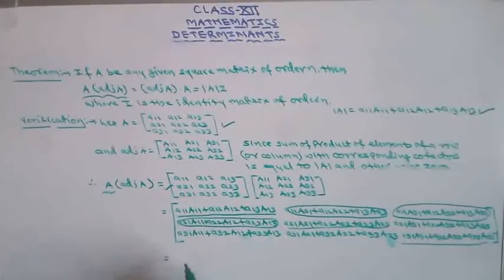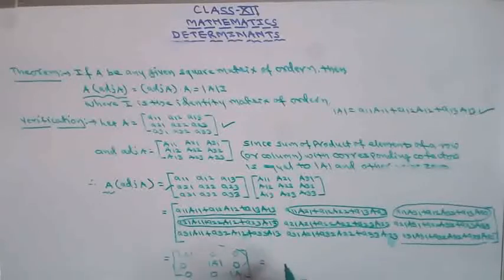So we get here determinant of A, 0, 0, then again 0, determinant of A, 0, and 0, 0, determinant of A. Now we know that we can take the common factor out of the matrix, common to all the elements.